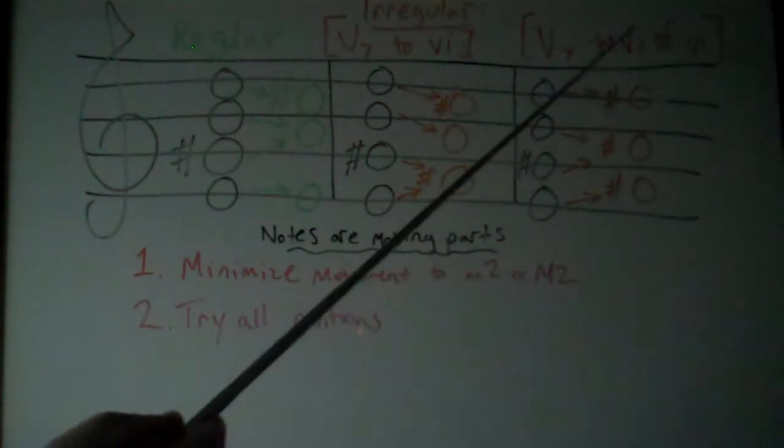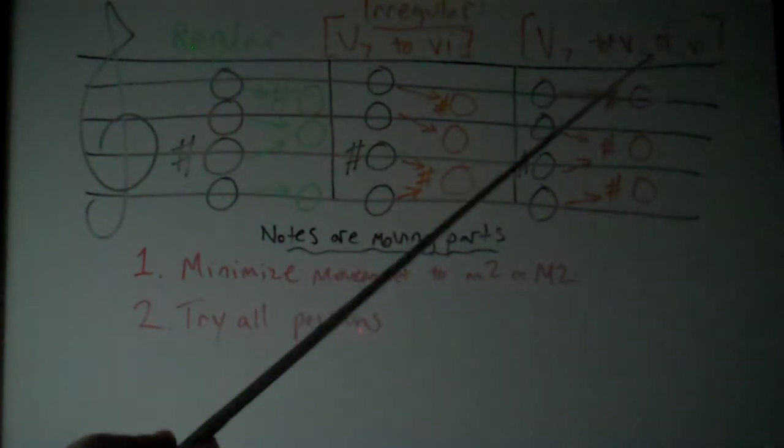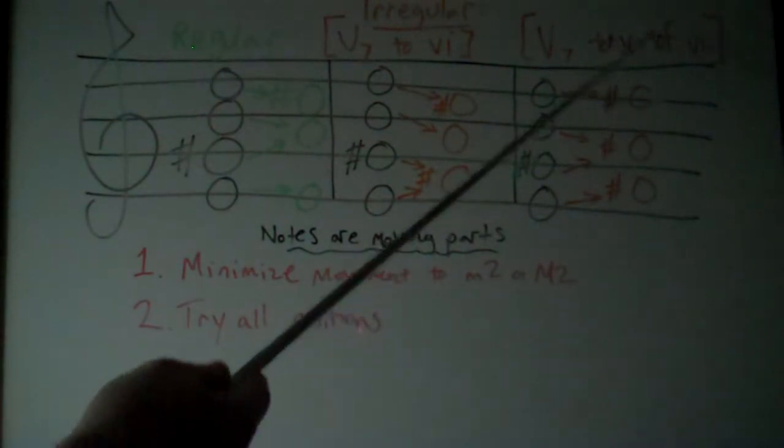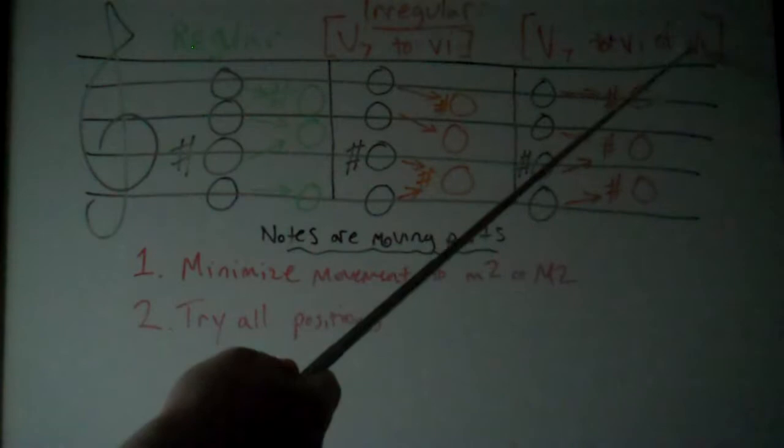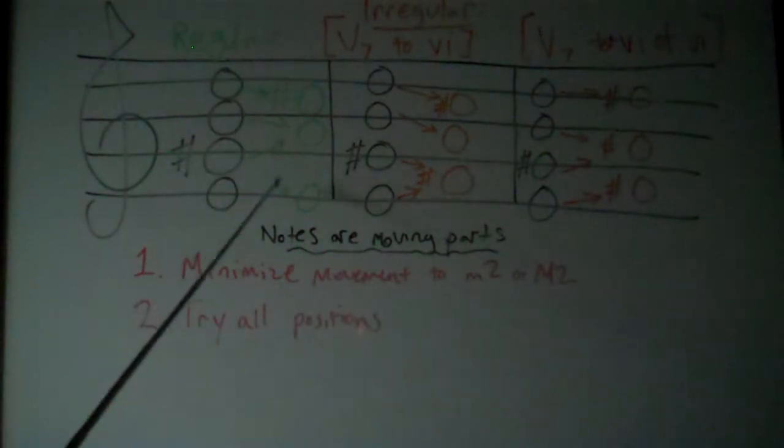This was a little bit more obscure. This is actually the raised submediant of the submediant in the case of a major tonic. So F sharp minor being the submediant of A major, and then the submediant of F sharp minor being D, which is raised chromatically to D sharp minor.